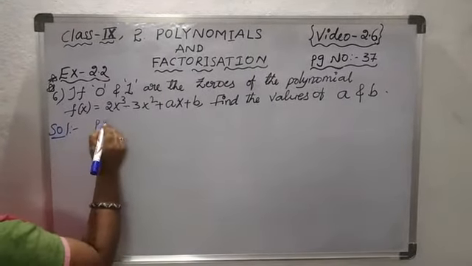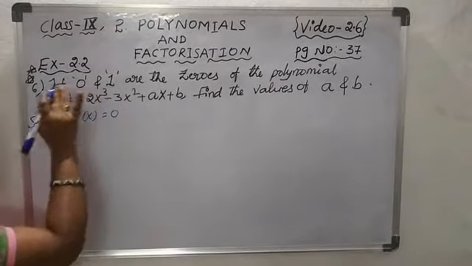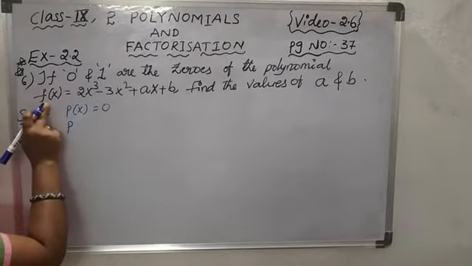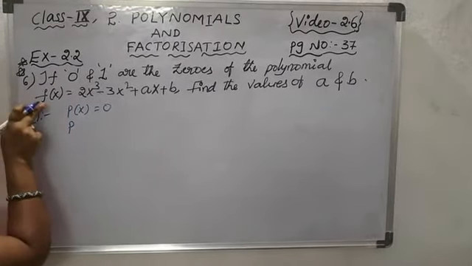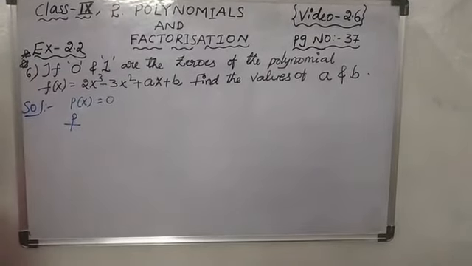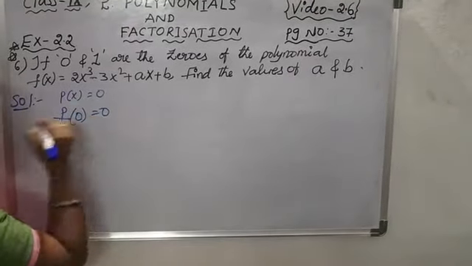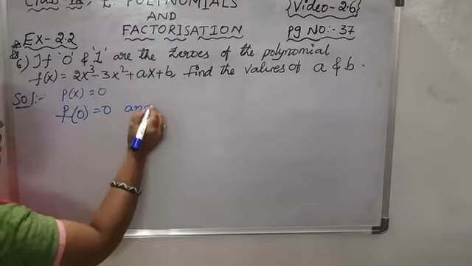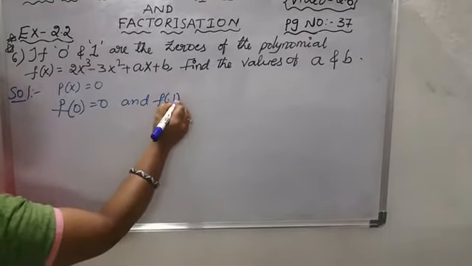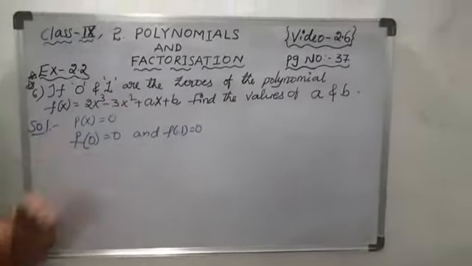According to this definition we have to write P of x, but here in the place of P they mention f, so we can express it with f. So f of which number? f of 0 is equal to 0, and at the same time f of 1 is also 0. By using these conditions we are getting the values of a and b.